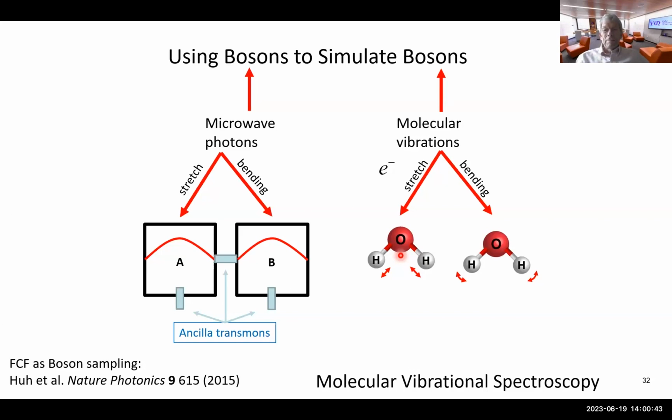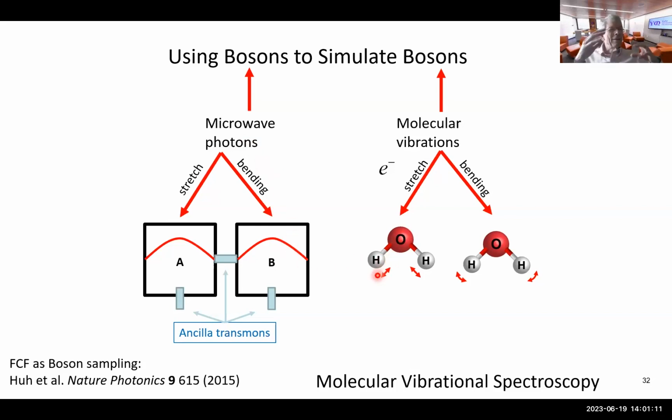And we're going to model the vibration, these mechanical vibrations of the molecule, as harmonic oscillations of an electromagnetic oscillator, Alice, and another one, Bob, one for stretch and one for bending. And the frequencies are completely different, and it's microwave photons instead of mechanical phonons.